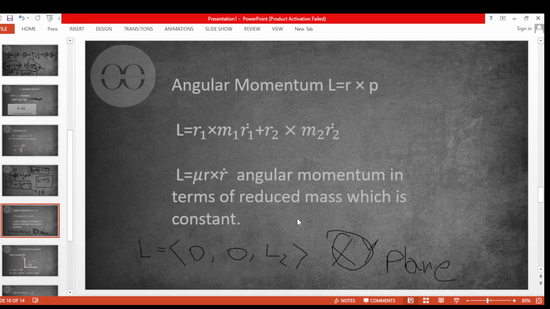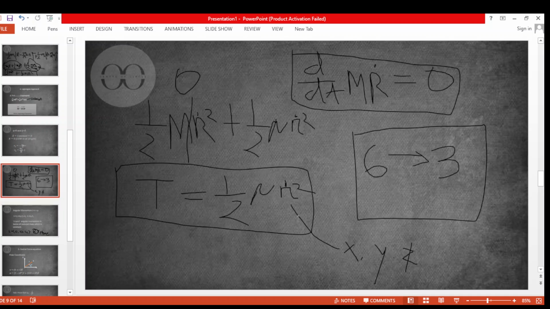But after solving the equation of angular momentum, we saw that the existing angular momentum component is in the z direction. So our motion will be in the xy plane. Thus, the degrees of freedom reduces from 3 to 2.